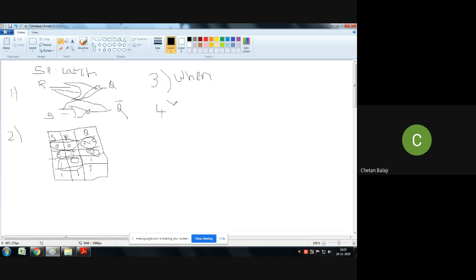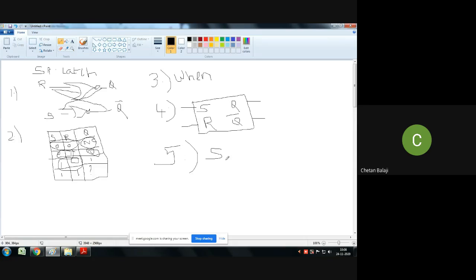The fourth thing is your symbol. The symbol has S, R, and you have Q, and finally your Q bar. The last point is the timing diagram.